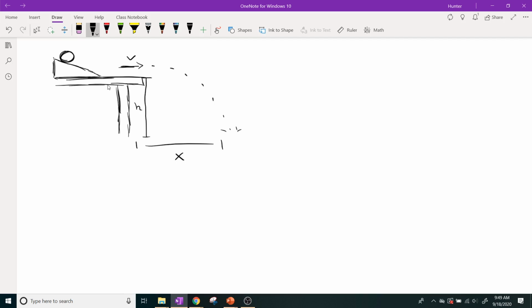This ball is rolled down a ramp so that it leaves the edge of the table with this velocity v. It could be anything, but it is a velocity v. If the table has a height h above the ground, how far away from the edge of the table, a distance x, does the ball land? And we can neglect every single form of friction known to mankind.